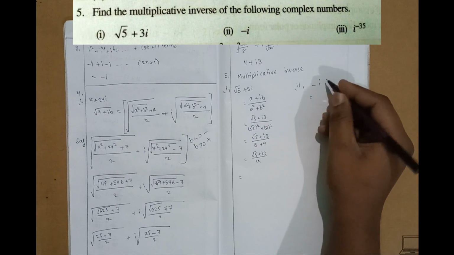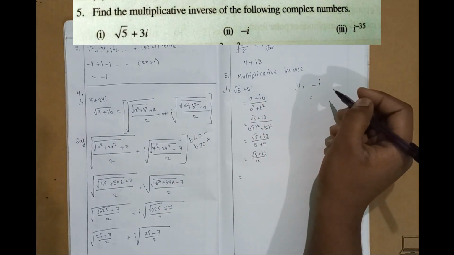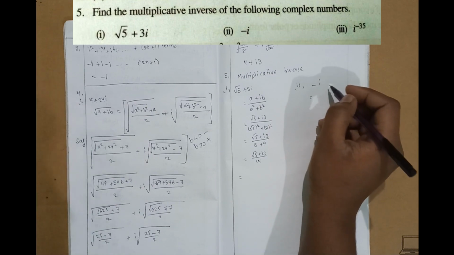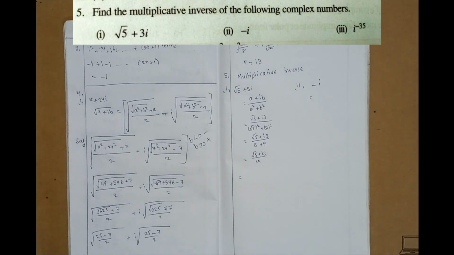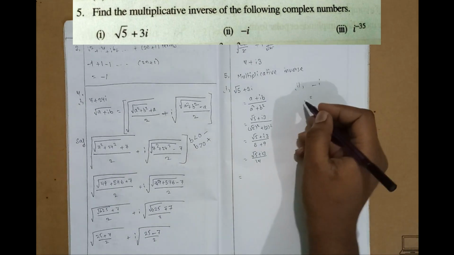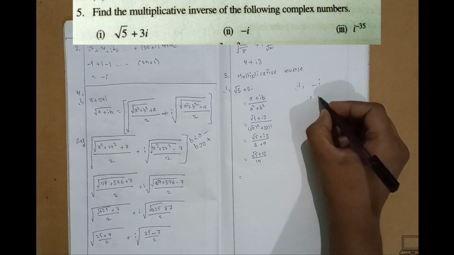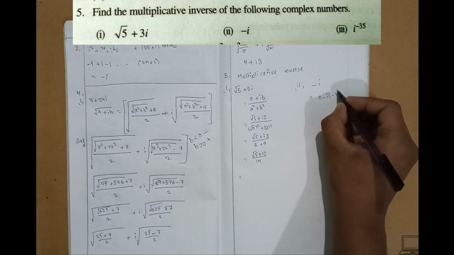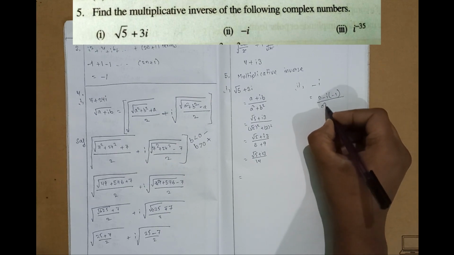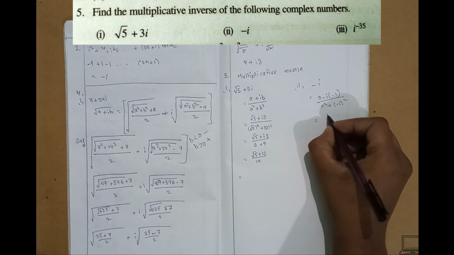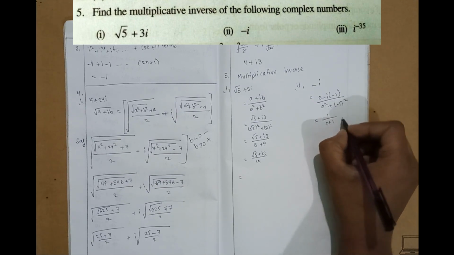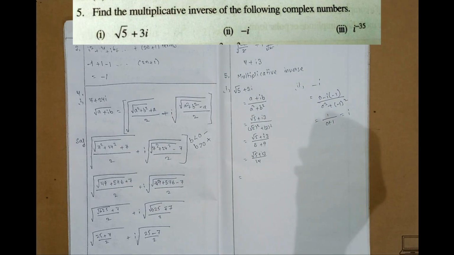Here we don't have the a and b values, but we have the b value because minus i means in front of it there will be 1, so b value is 1 and a value we will assume as 0. 0 minus i of minus 1, 0 square plus 1 whole square, then i by 0 plus 1 equal to i. The answer is i.